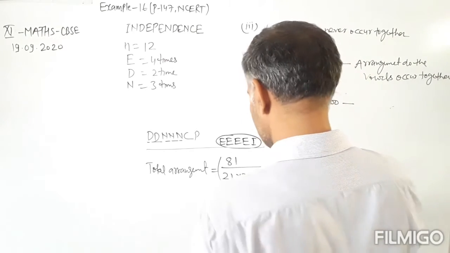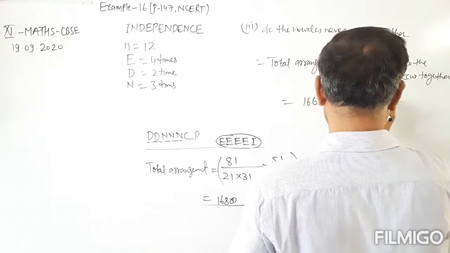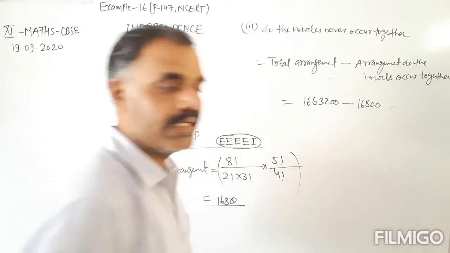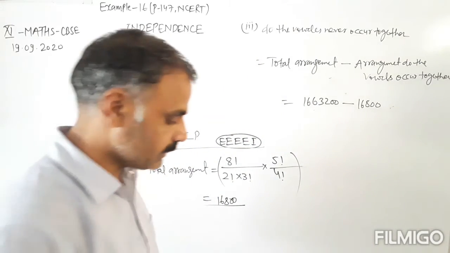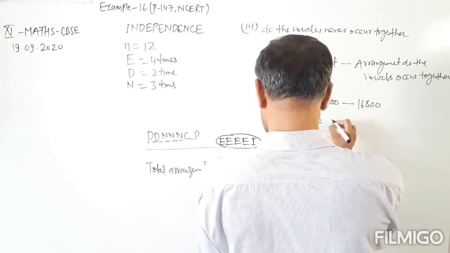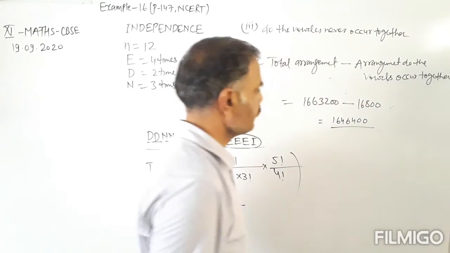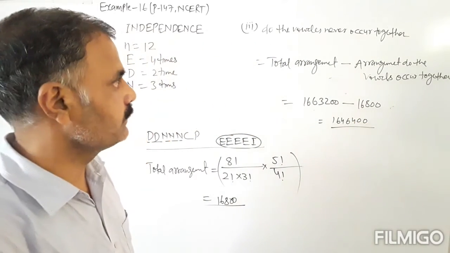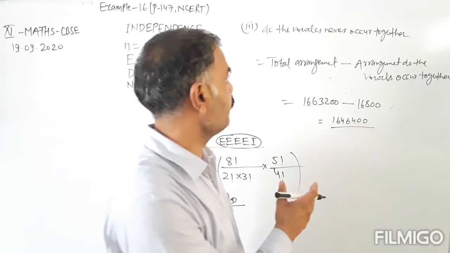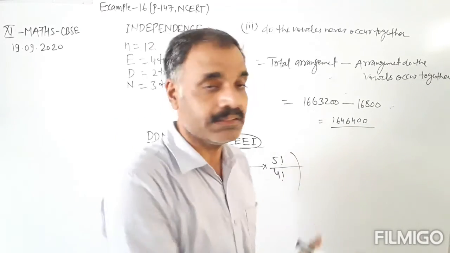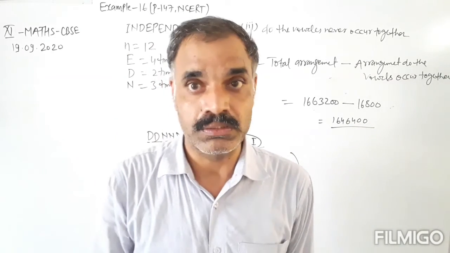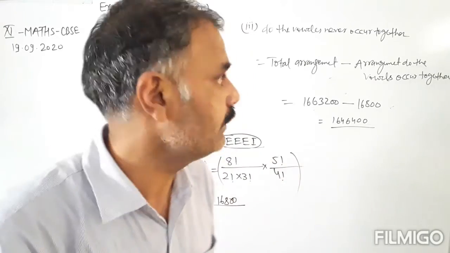That is 1663200 minus 16800. After subtracting, we will have 1646400. So these are the total number of arrangements in which vowels never occur together.